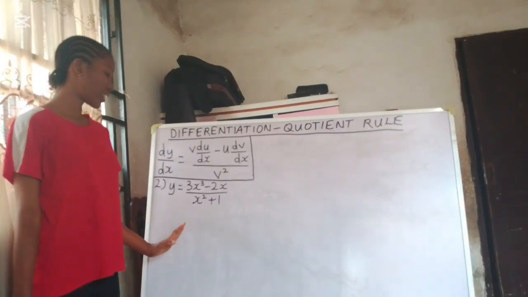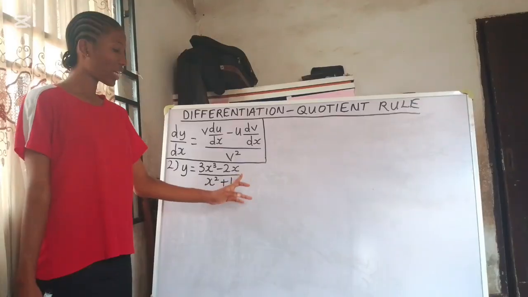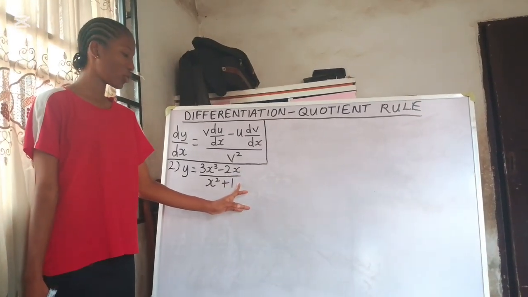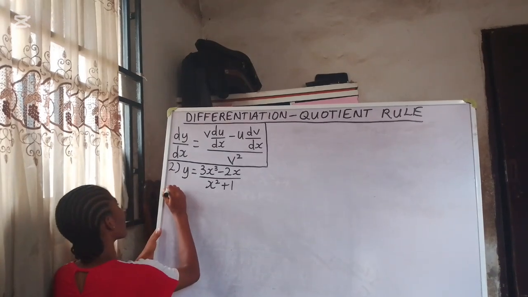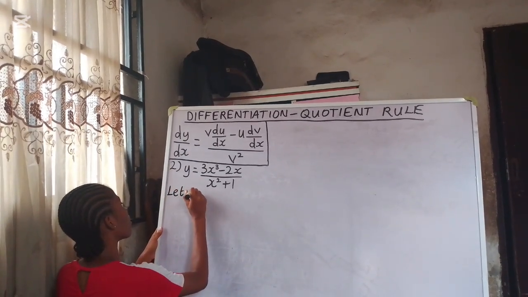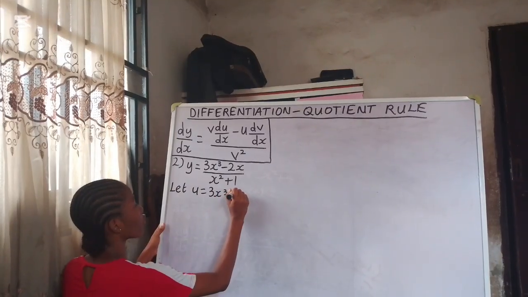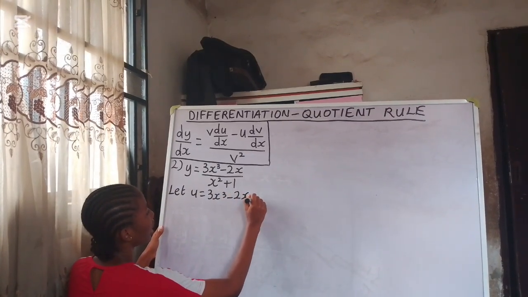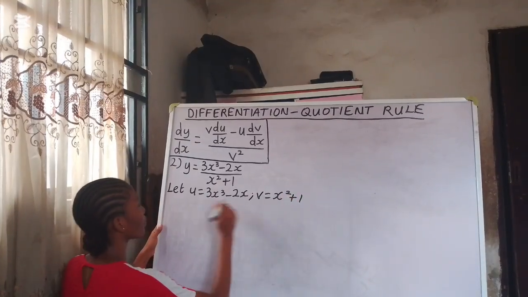Alright, so let's take this second example. Remember, u is our numerator and v is our denominator, so this is going to involve the quotient rule. Here we'll say let our u be 3x cubed minus 2x and our v will be x squared plus 1.